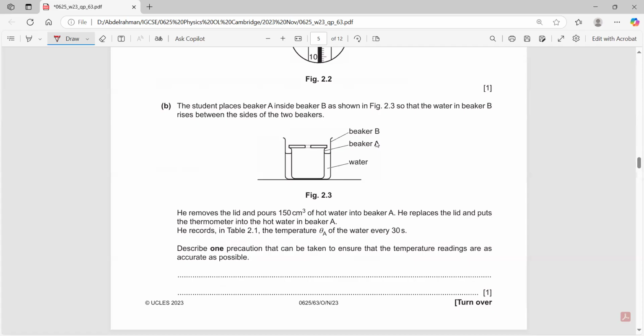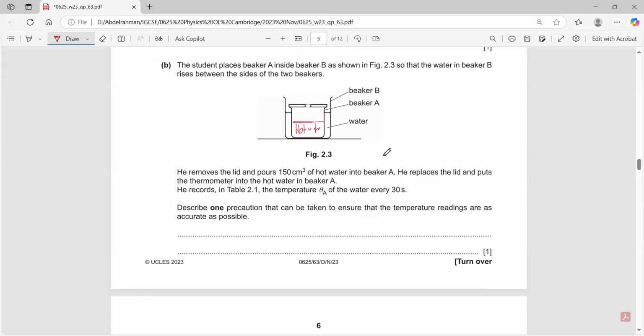The student places beaker A inside beaker B as shown in figure 2.3, so that the water in beaker B rises between the sides of the two beakers. He removes the lid and pours 150 centimeters cubed of hot water into beaker A. So now beaker A has hot water. He records the temperature every 30 seconds.